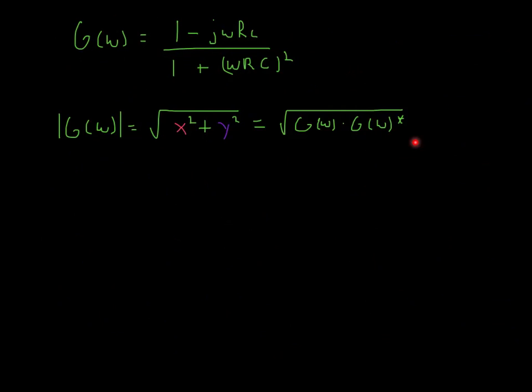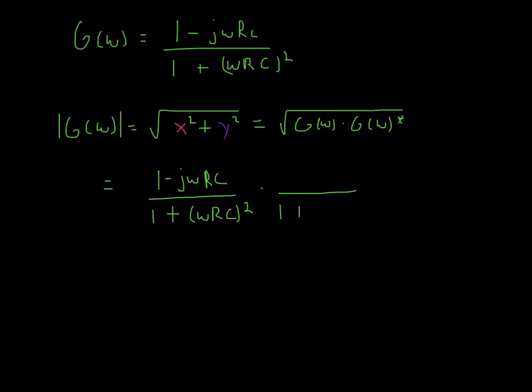That's going to be equal to, so here's g, 1 minus j omega RC over 1 plus omega RC squared. Alright, that's g, and we're going to multiply it times its complex conjugate.